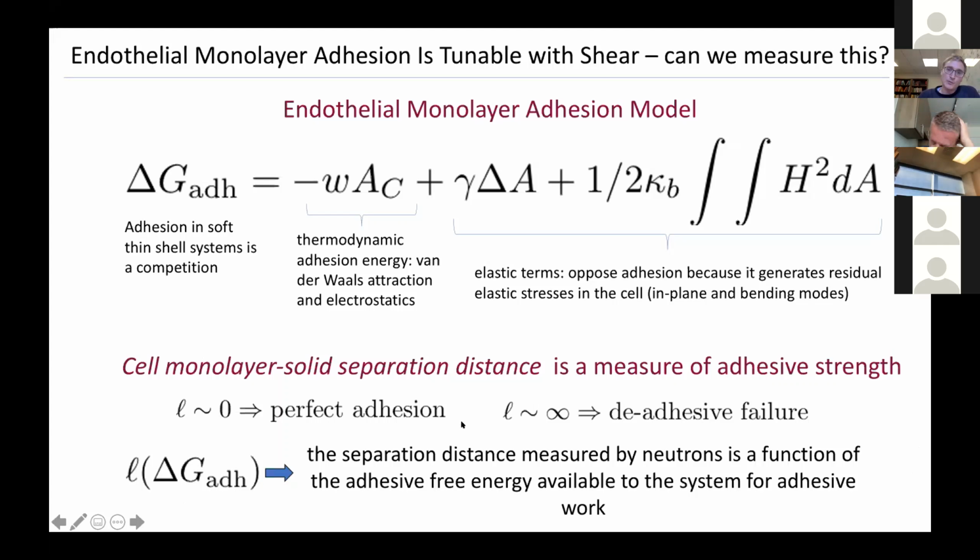So when we talk about cell monolayer interfaces, these distances between whatever is defined as the top surface of the cell and whatever is defined as the bottom surface of the cell, and then whatever interface or material it's interacting with, there will be some information about the adhesion energy when we look at this separation distance.